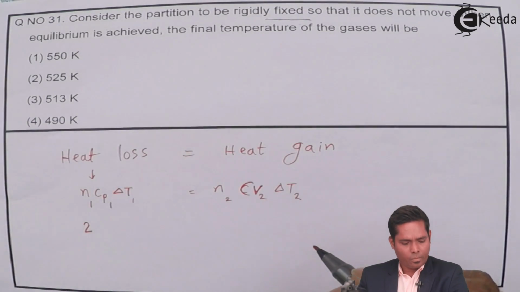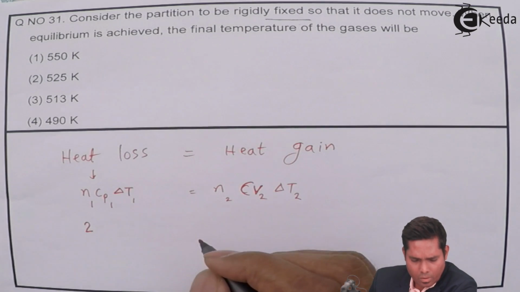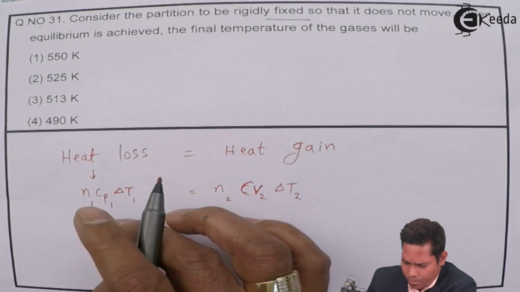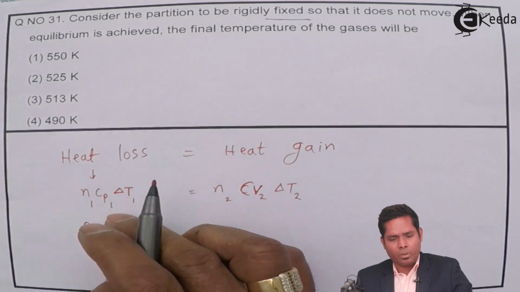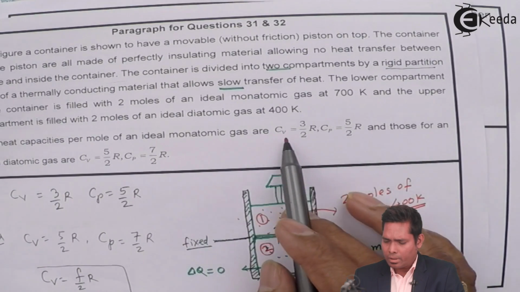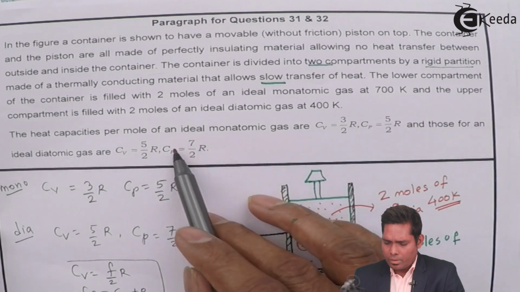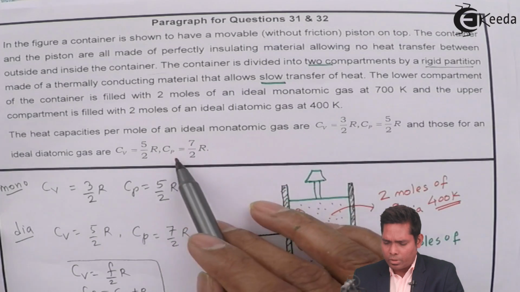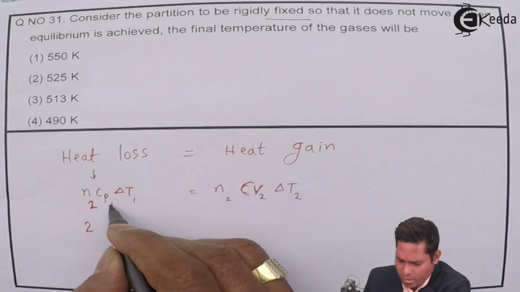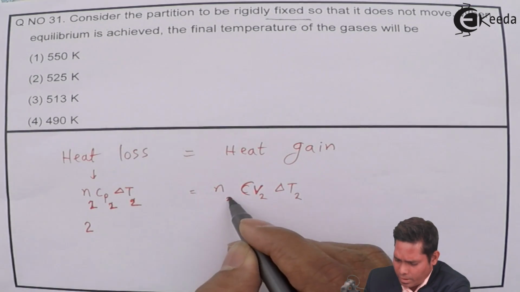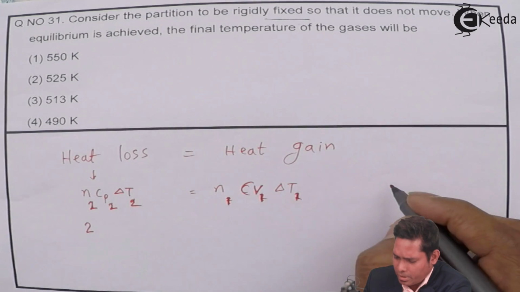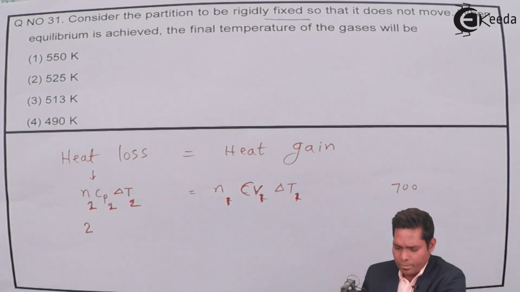So, the upper one is monoatomic, which one is this? Heat loss is due to the second one, so I'll use 2 here and 1 here, because the lower one is losing heat as it is at temperature 700.